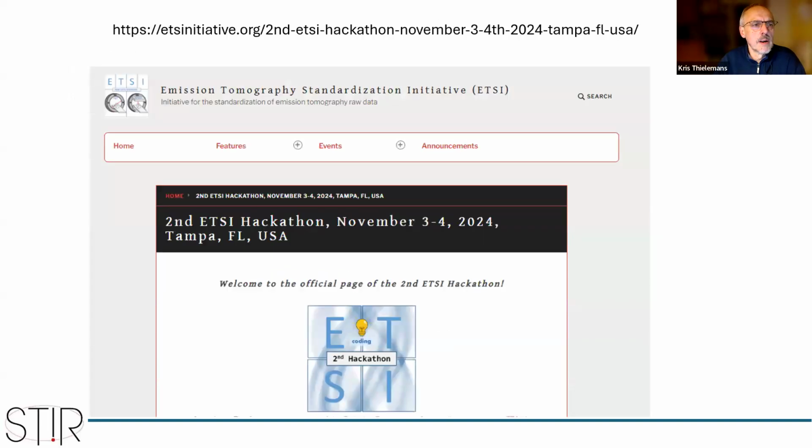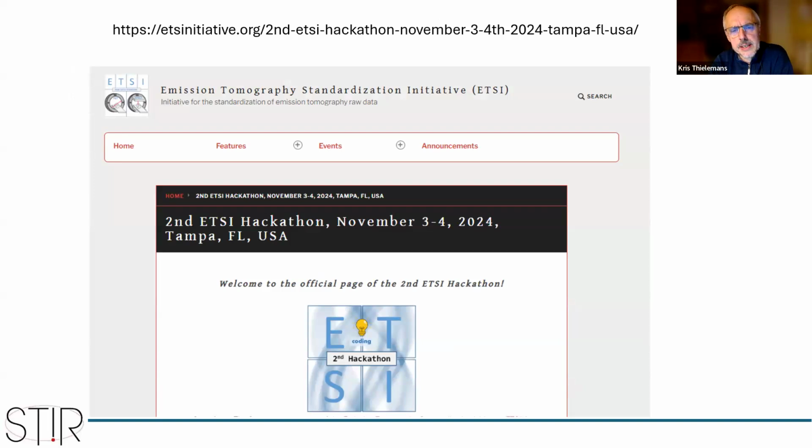Okay, so we have our second hackathon on Sunday and Monday. If you didn't know about it, it's about 20 people in person and 10 people online that are going to join there to make the next stage.